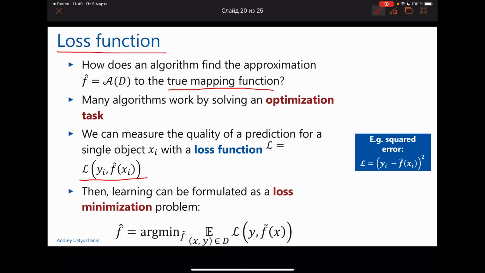And if we want to find the optimal f hat, it means that we want to find such f hat that minimizes this loss function.